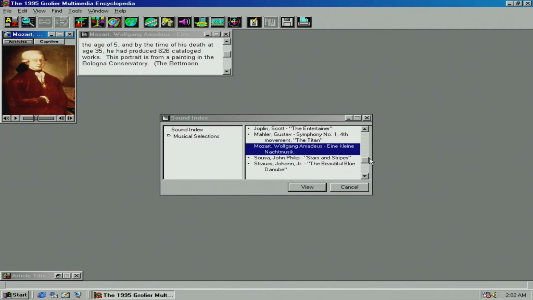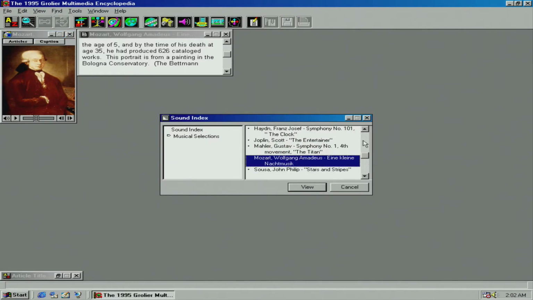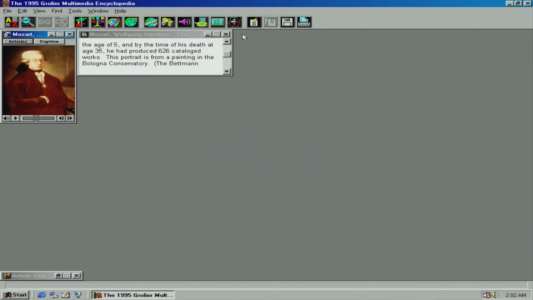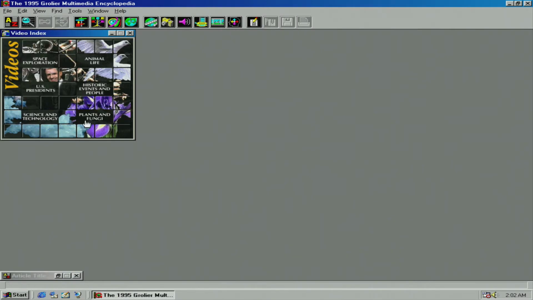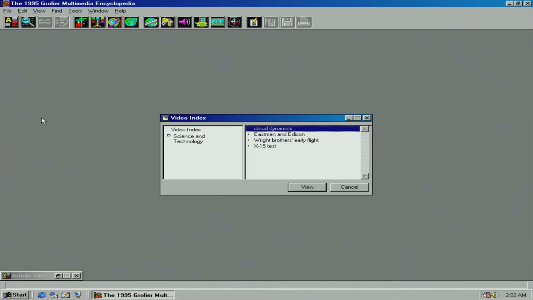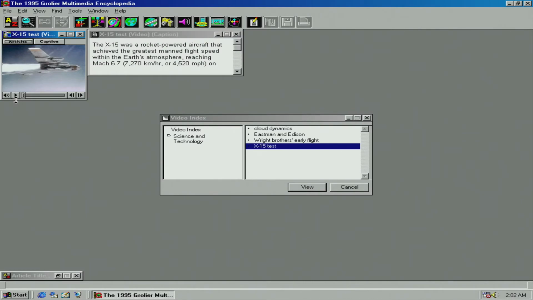You could also listen to music, classical music. And you can't maximize the video. I don't think there's enough memory in the CD.